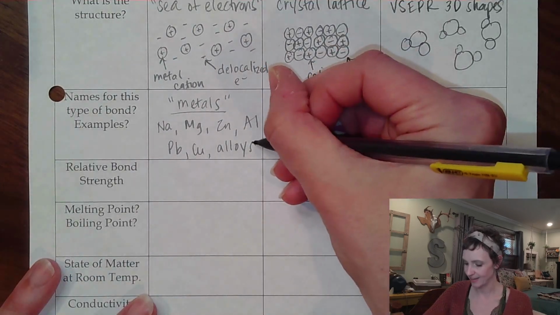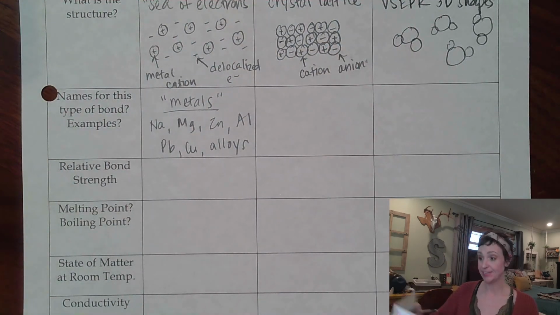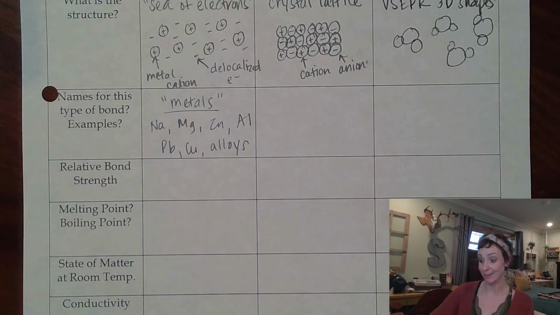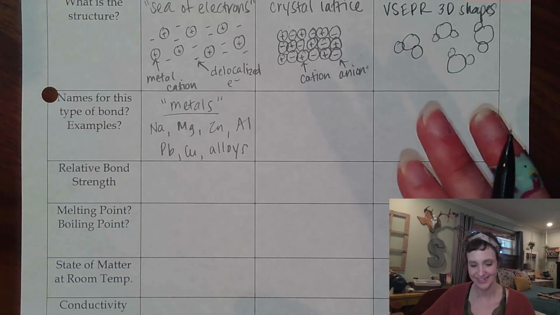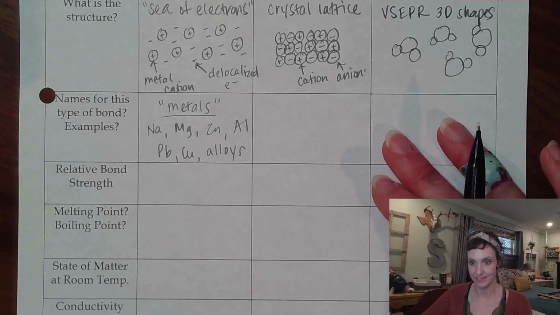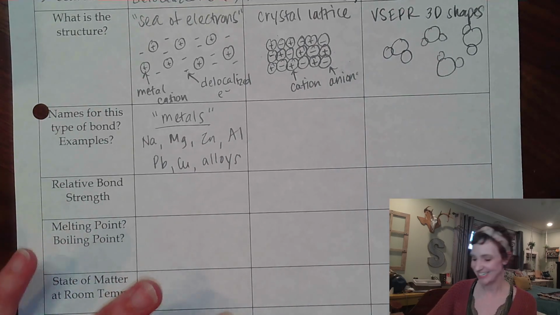You guys, that's why metallic bonding doesn't have a specific door in our naming booklet, because I'm literally just naming what the metal element is in that metallic bond.